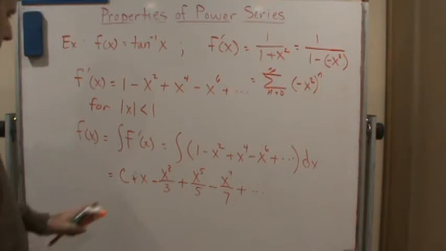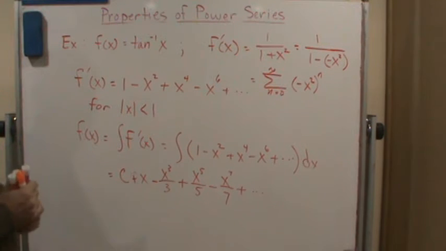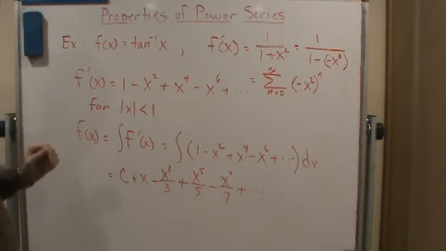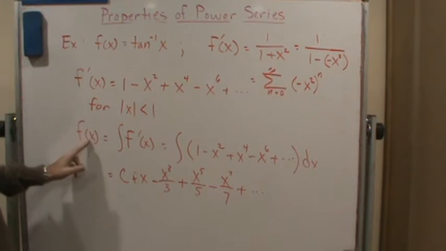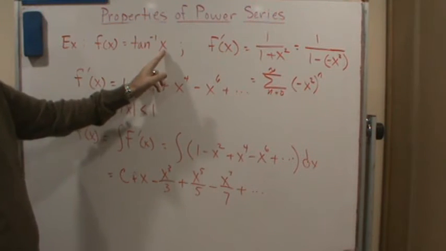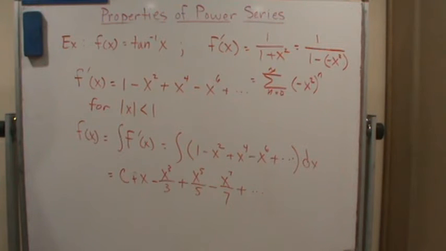Well, we want to make c 0. f of 0, well, we want to know the arctangent of 0. So this is an angle, right?